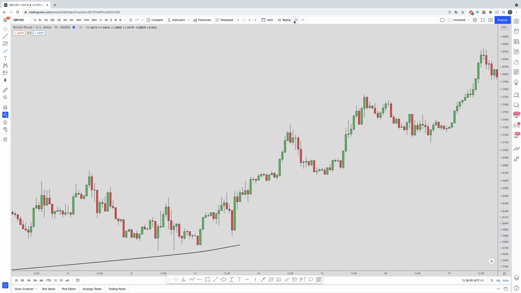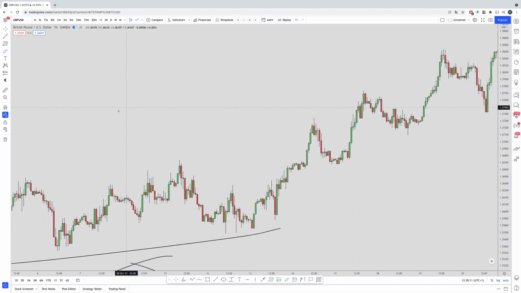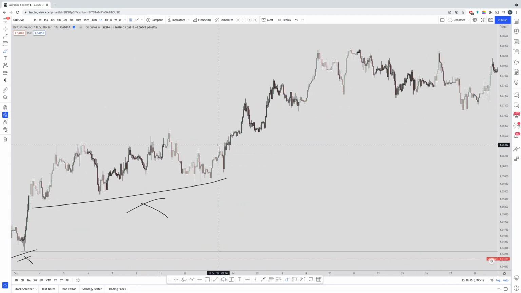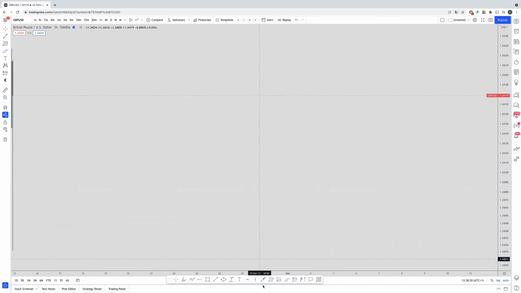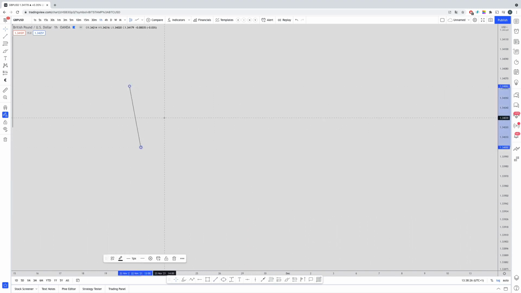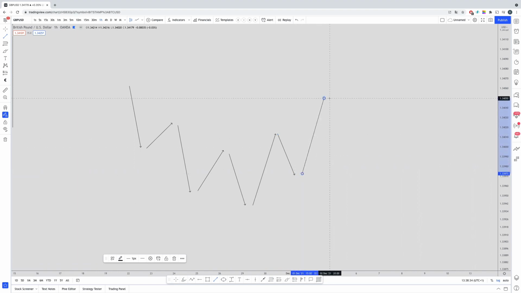Just to understand this concept, whenever an institution would like to go in a certain direction, it will always fake you out. Especially when you see setups where price is moving to the downside and then it is breaking structure, and it is clear price will definitely be long from this zone.